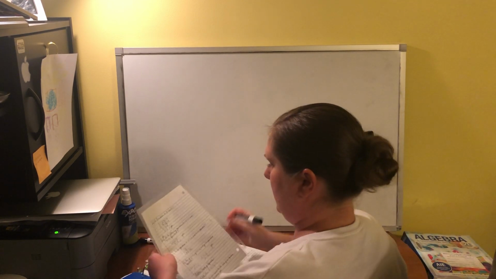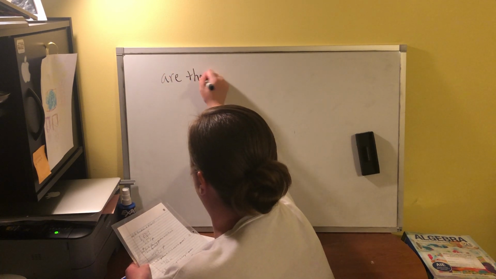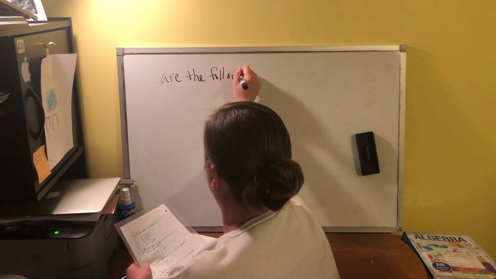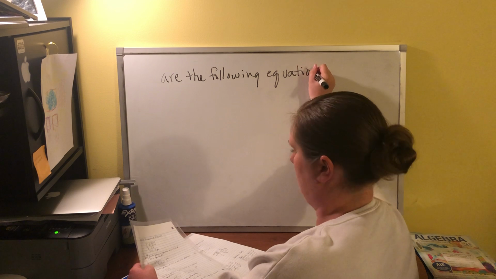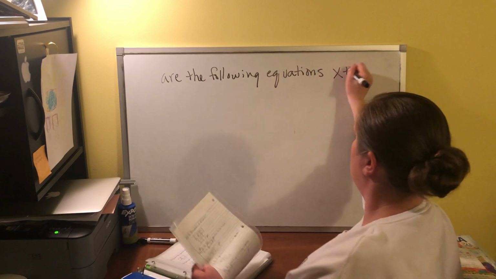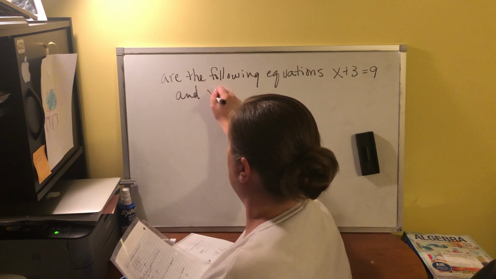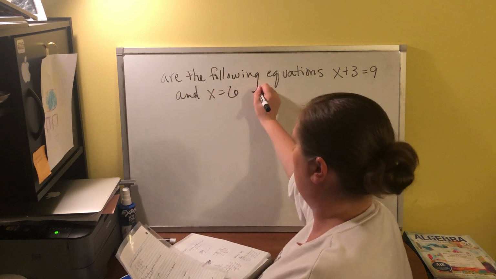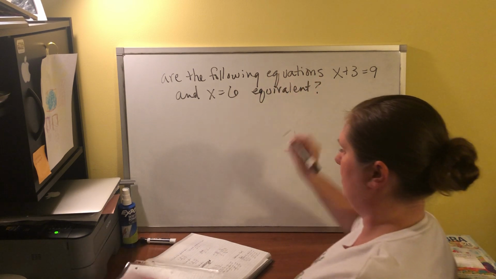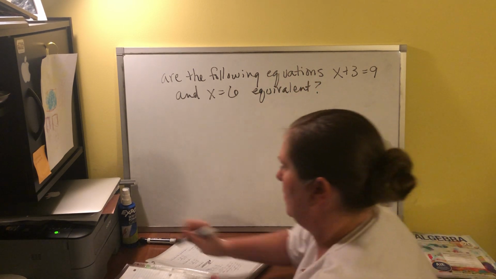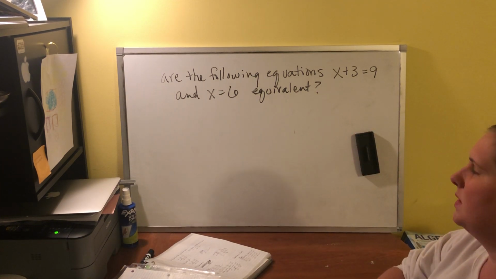So they may say, are the following equations, x plus 3 equals 9 and x equals 6, equivalent? So they could ask you, are the following equations x plus 3 equals 9 and x equals 6 equivalent?